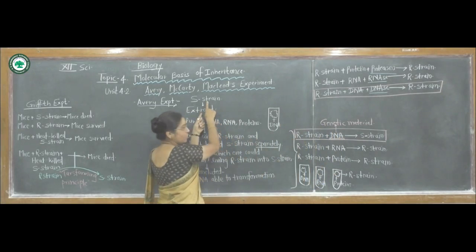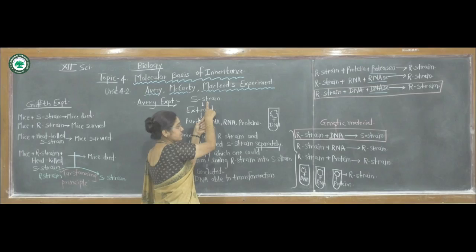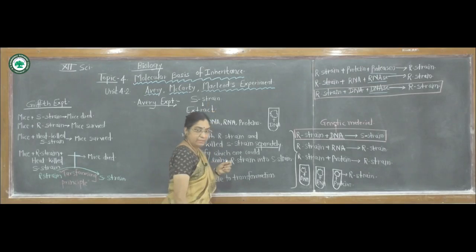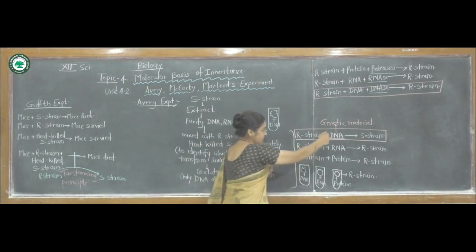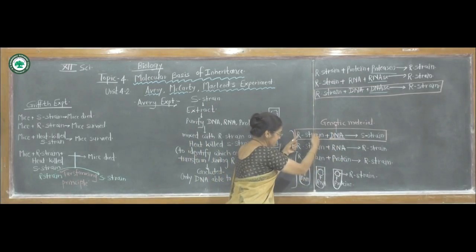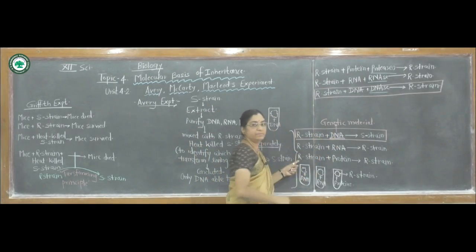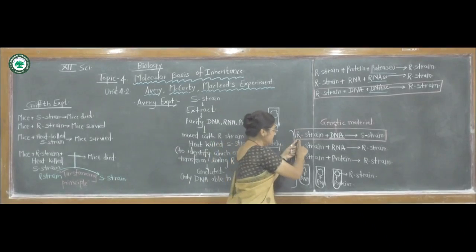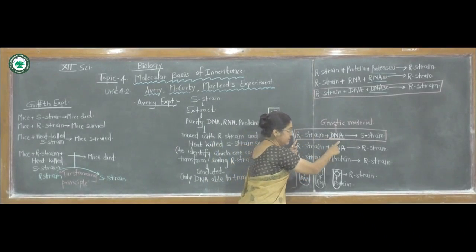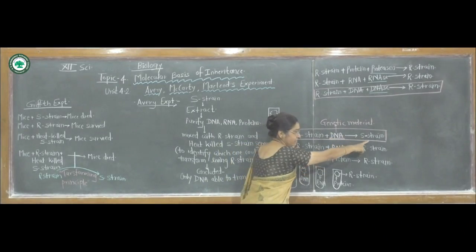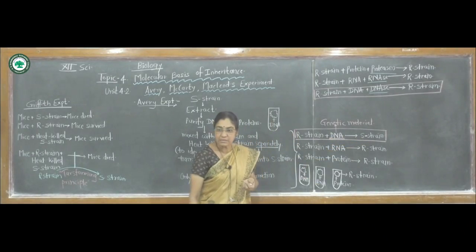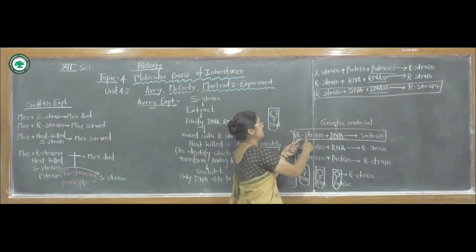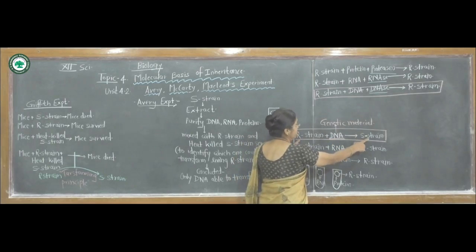Again I will repeat here, Avery performed the experiment by isolating the different substances from the extract of the S strain bacteria, and each substance gets separately added to the R strain bacterium. As the DNA gets added to the R strain bacterium, it gets converted into the S strain bacterium. That means the transformation is achieved here.